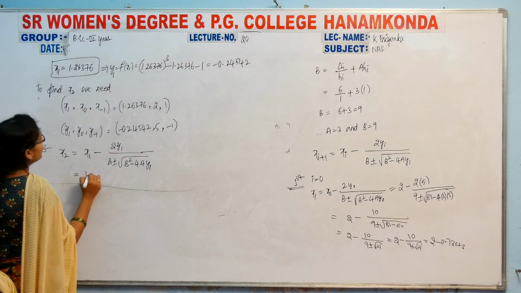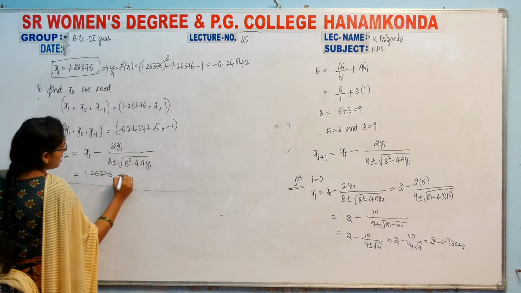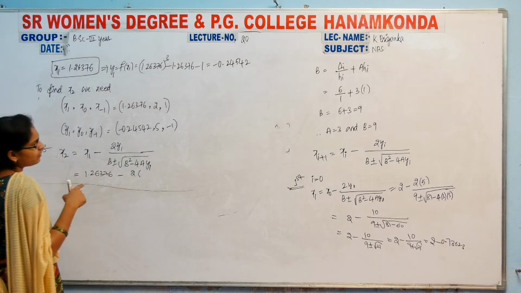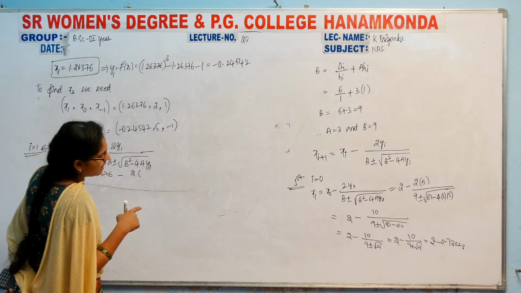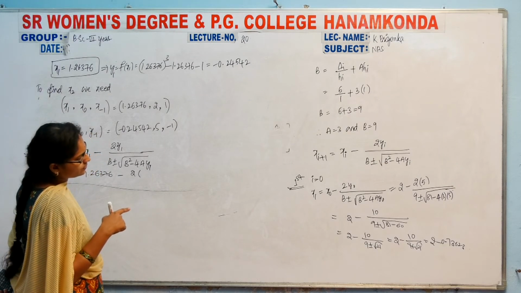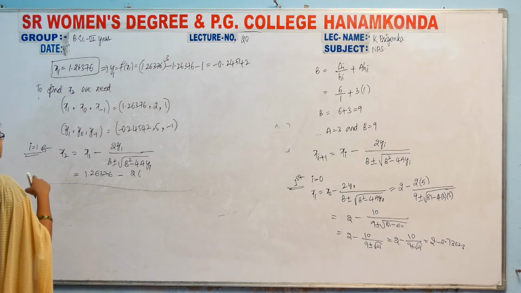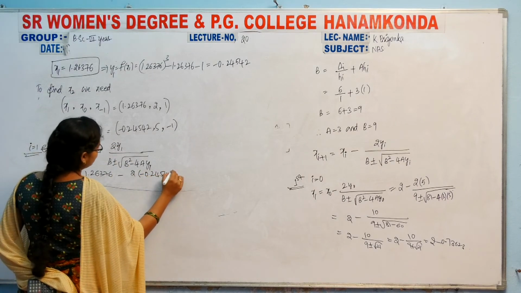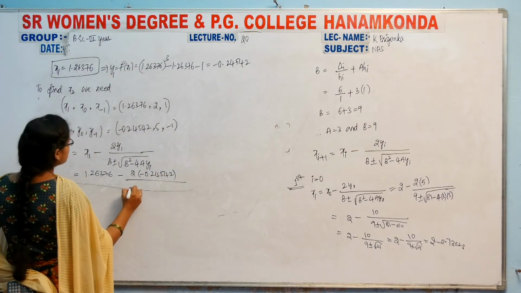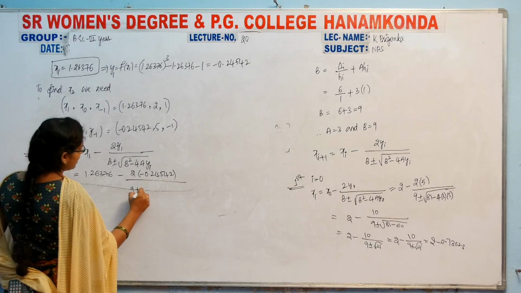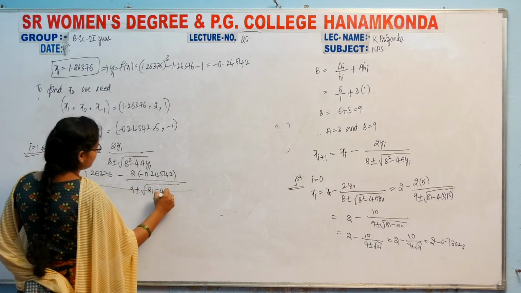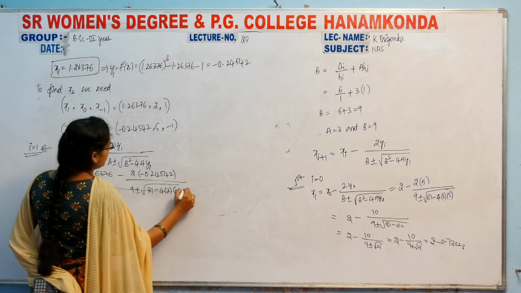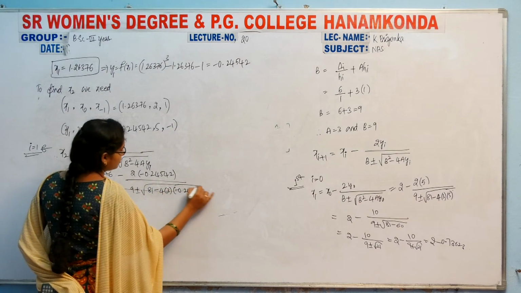Now what is x1? 1.26376 minus 2 into what is y1? y1 means minus 0.24542, by b is 9 plus or minus root of 81 minus 4, a is 3, y1 again minus 0.24542.